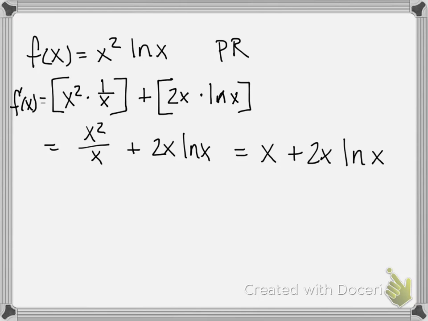Alright, so now we go through and set that equal to 0. So we're going to have our x plus 2x ln x equals 0. 2x ln x equals negative x.